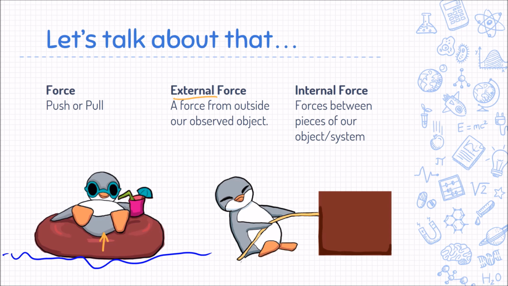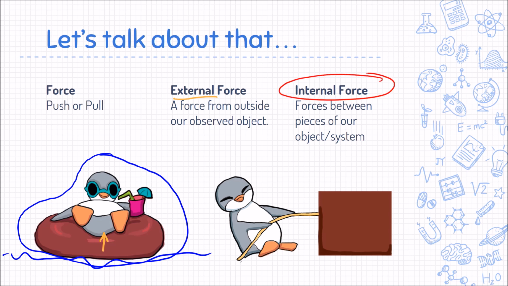However, if we choose our system to be Sigmund and his inner tube, the force on Sigmund from the inner tube is now an internal force, and we don't need to worry about internal forces for Newton's laws.